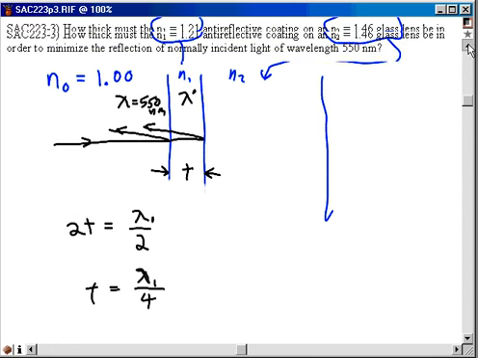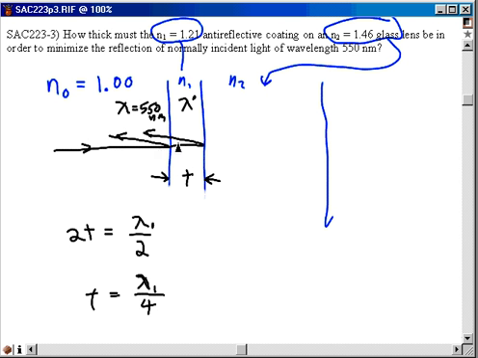We know that the frequency of the light doesn't change as you go through an interface, and for any wave, the speed of the wave is the wavelength times the frequency. This is true of the light when it's in vacuum over here, and the speed is the speed of light in vacuum.